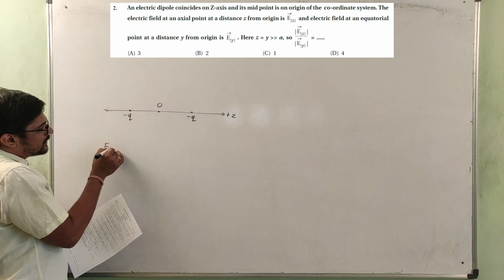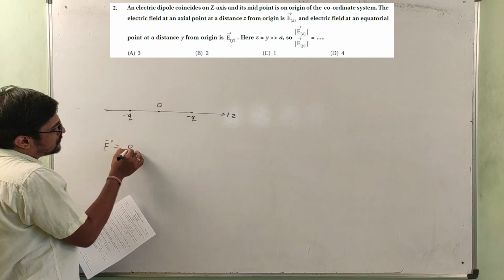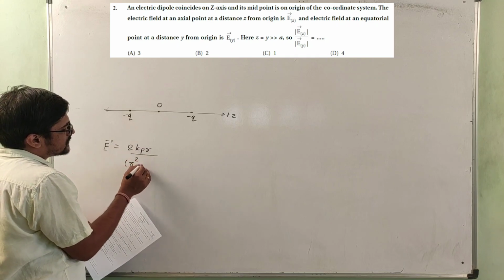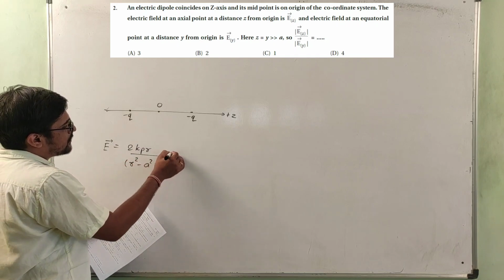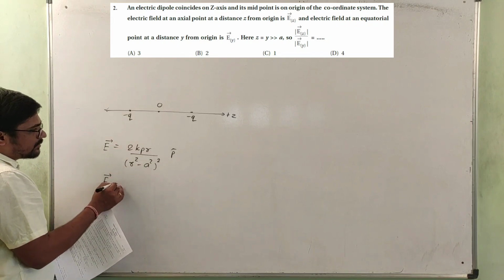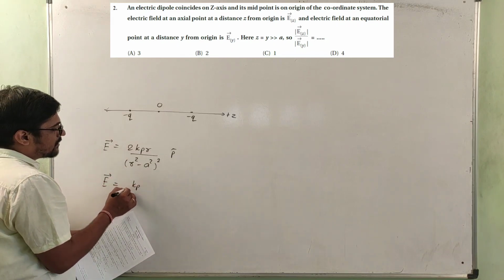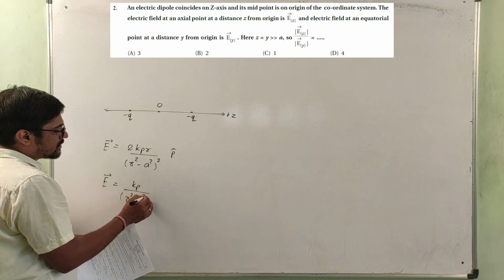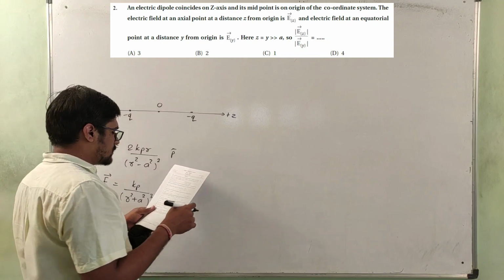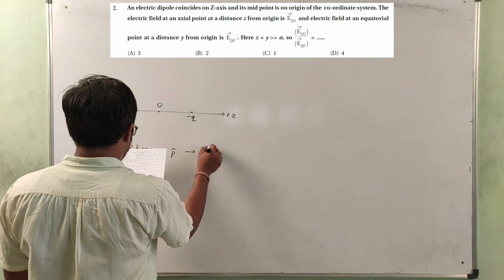The electric field at an axial point is given by 2kpr divided by r square minus a square whole square p cap, and the field at an equatorial point is kp divided by r square plus a square power 3 by 2 minus p cap. So on the axis the electric field is given by Ez.